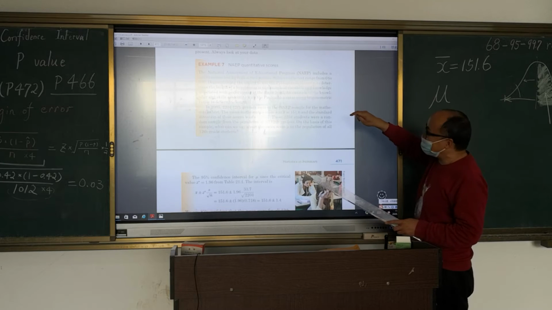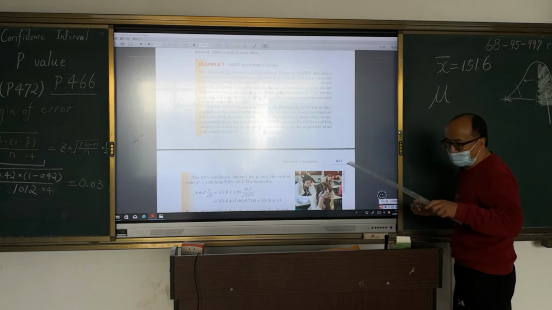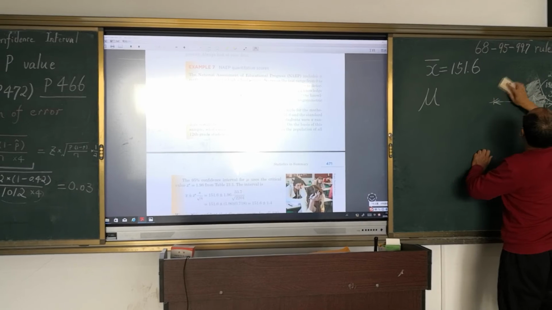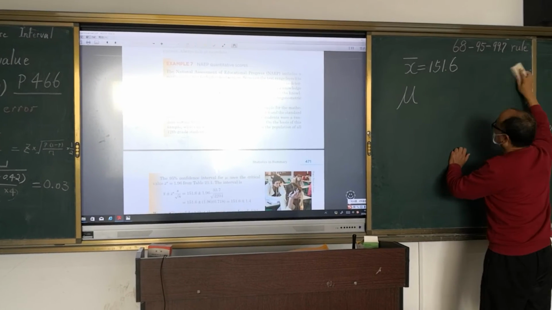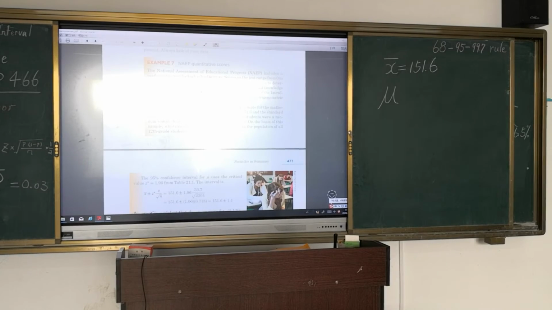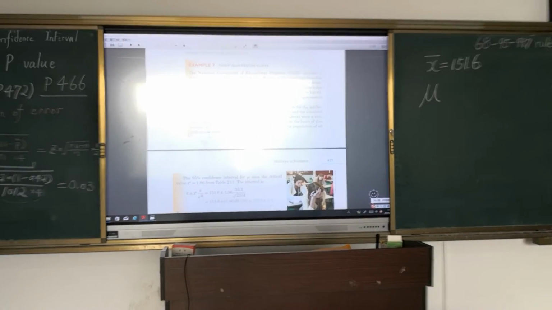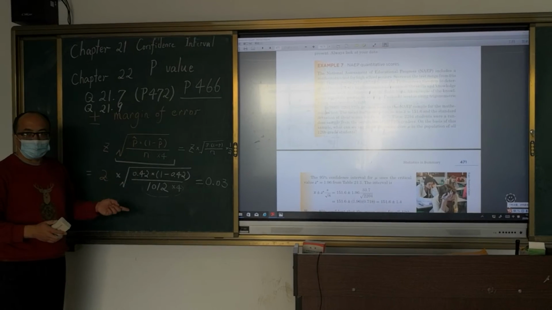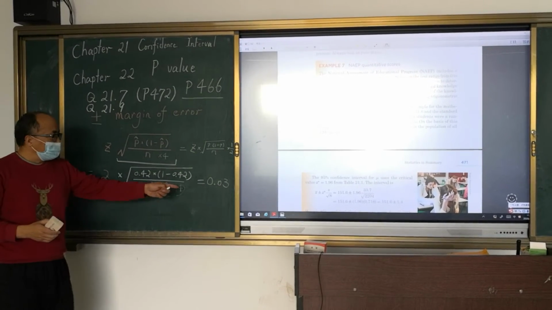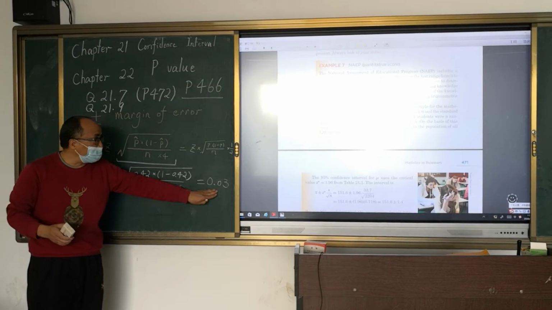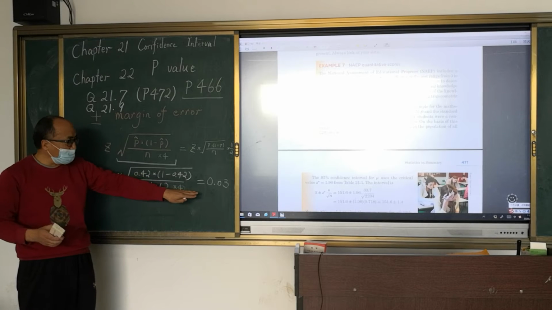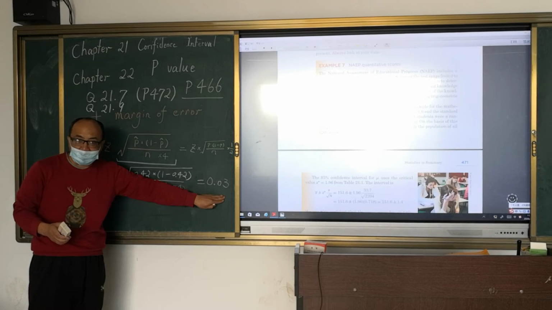I cannot show over there. Let me copy down the formula here. Just said what for question 21.9. Originally question 21.7, the margin of error is 0.03.